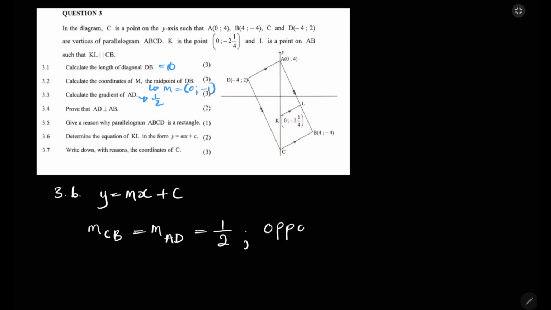So that means the gradient of CB is equal to the gradient of AD, which is 1/2. And to give a reason, we may say opposite and parallel sides of a rectangle.